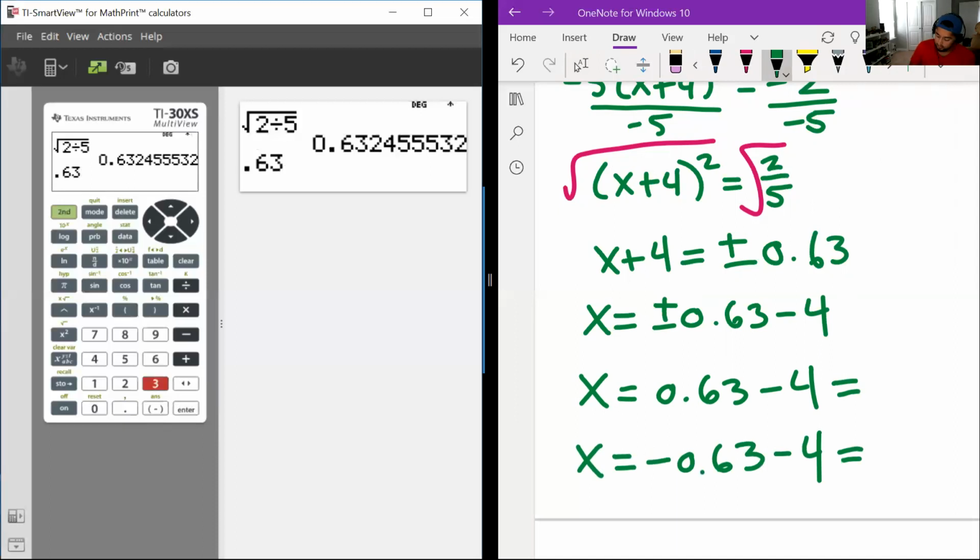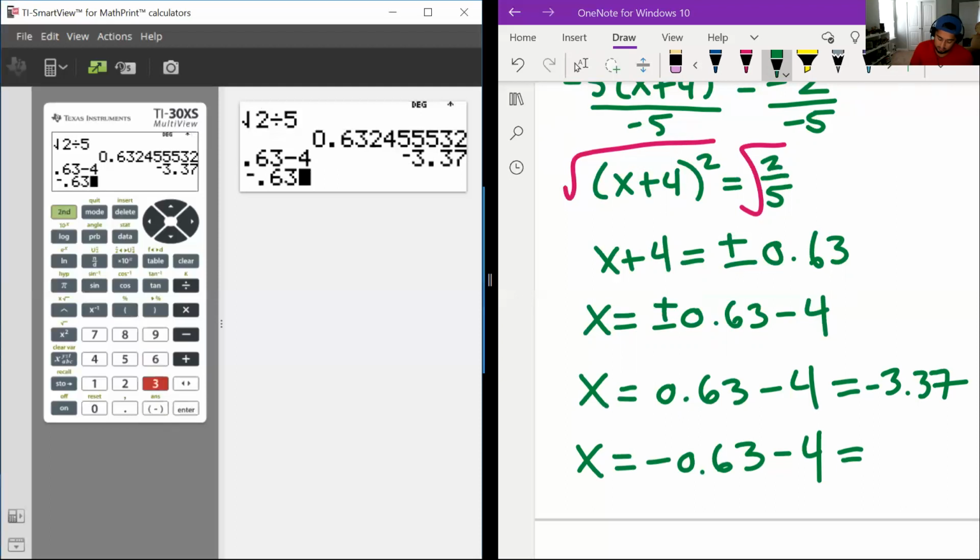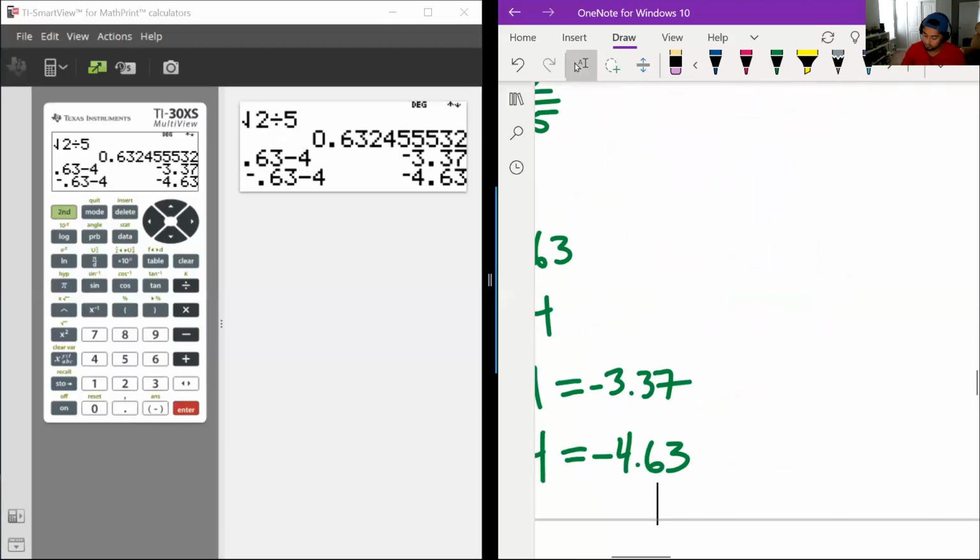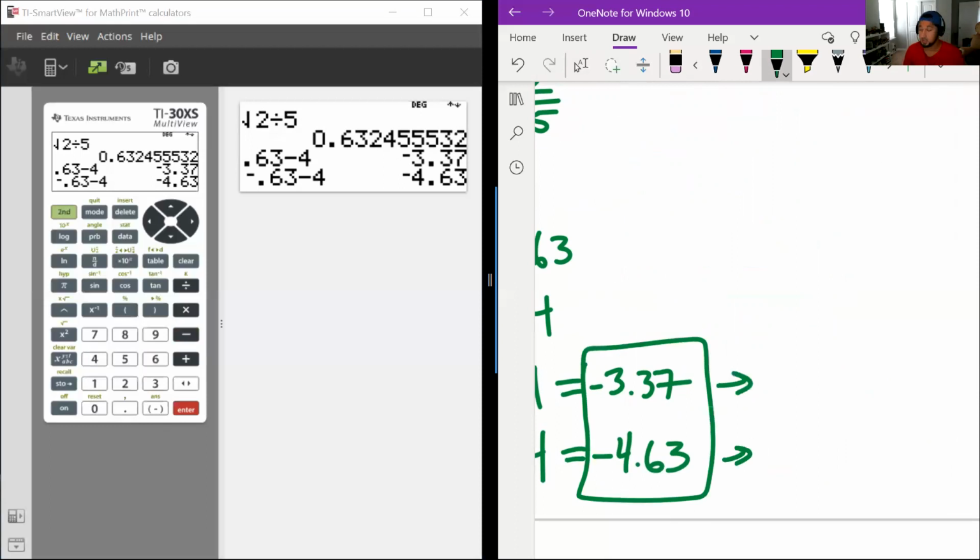So calculator comes in handy. Negative 3.37 and negative 4.63. Convert to coordinates.